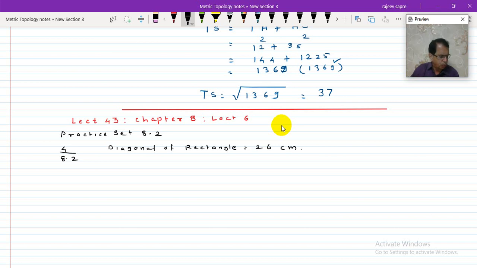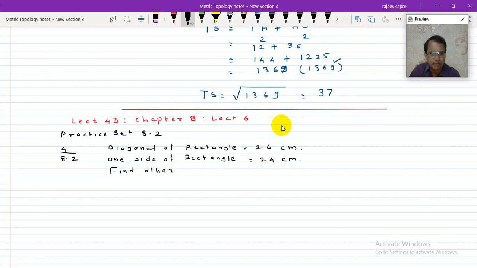And one side of the rectangle is given to you as 24 centimeters. And what is asked? You are asked to find the other side.